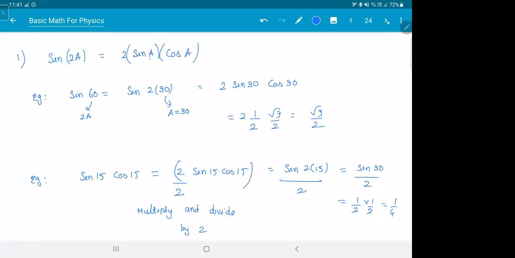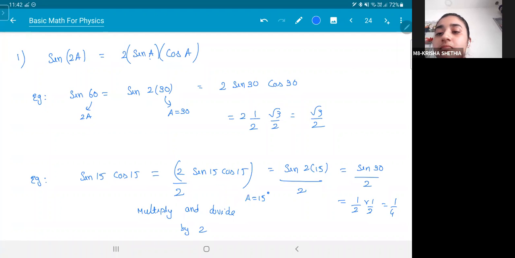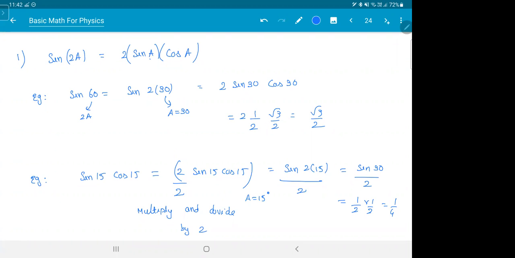Because I want to write it in this format, 2 sine A cos A. So in place of A what you have here? 15, right? So what is sine 2A? Sine 2 into 15, which is sine 30. Sine 30 by 2. Sine 30 is half. Half into half is 1 by 4. Sure, everyone? How we got this?